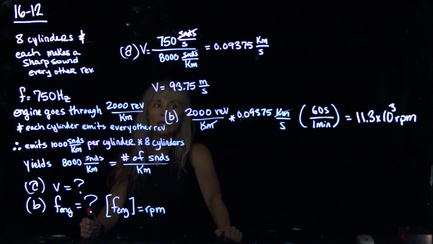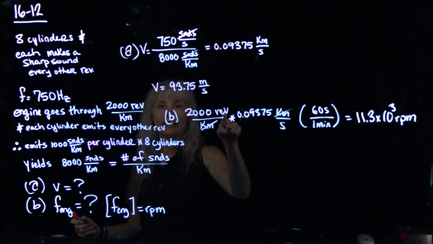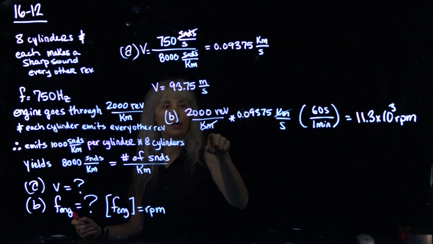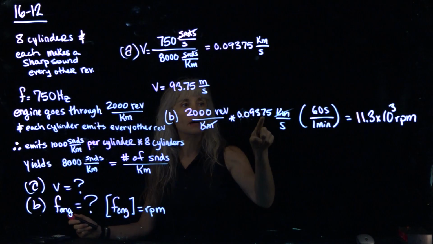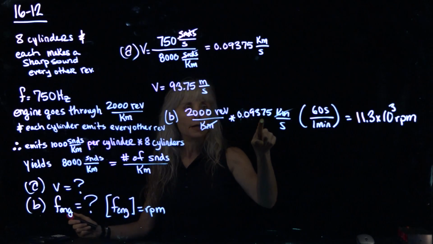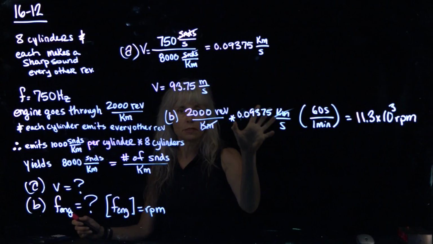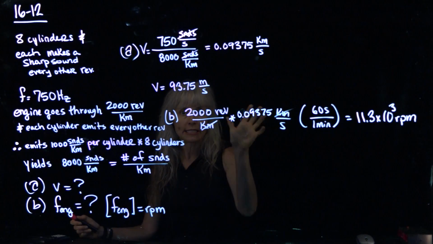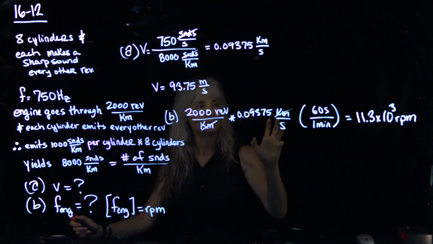In part B, we want to know what is the frequency of rotation of the engine. So we know the number of revolutions the engine makes per kilometer. And notice that if we multiply that by the speed of the race car, we will get units of revolutions per second. Again, using dimensional analysis here to see how to combine these to get the correct units.